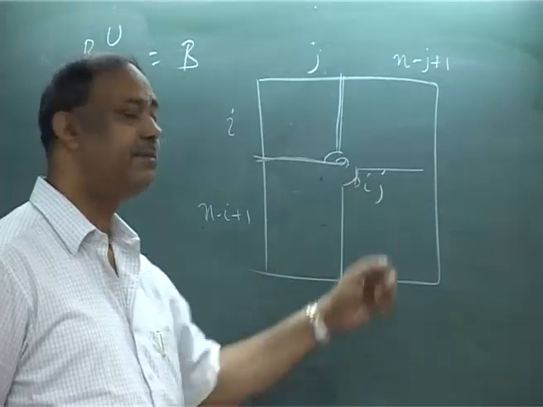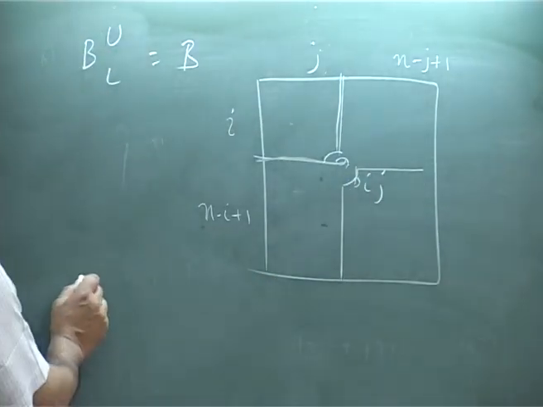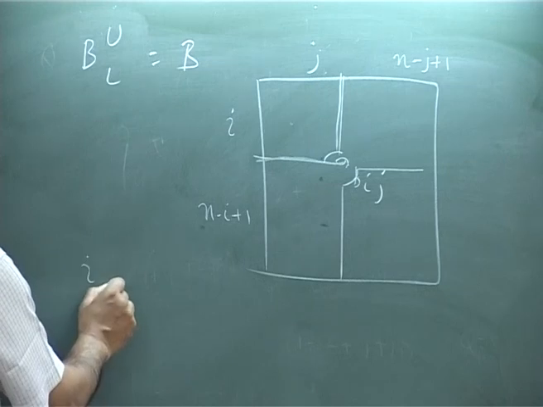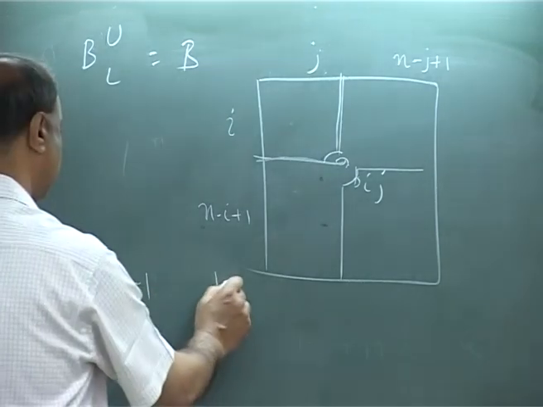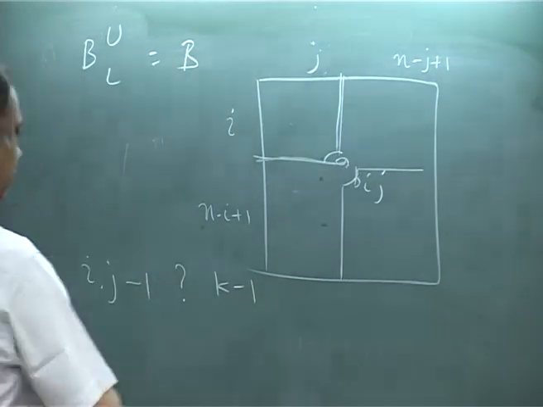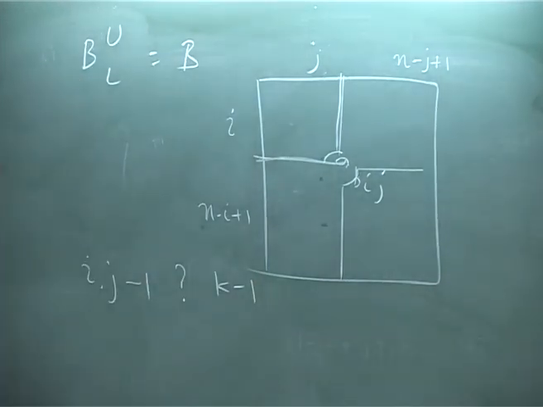Now, Bij can be the kth element if, tell me what, less than or equal.